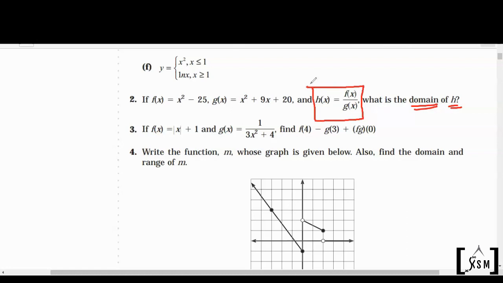Let me write down the h(x) function nicely. So h(x) is f(x), which is x square minus 25, over g(x), which is x square plus 9x plus 20. So we have to find the domain of h. How do we find the domain of h?